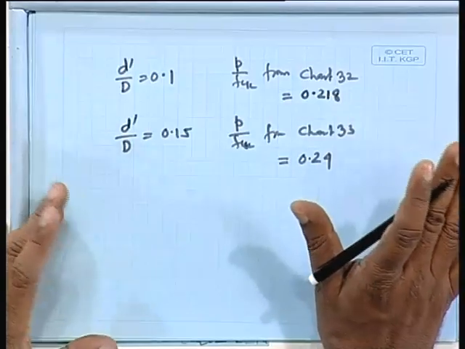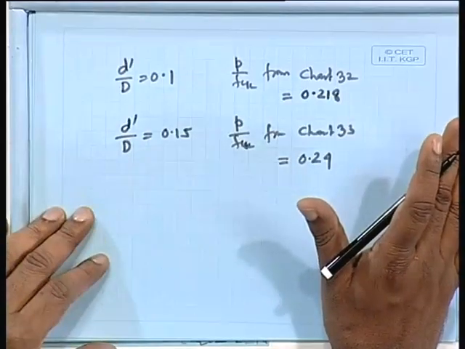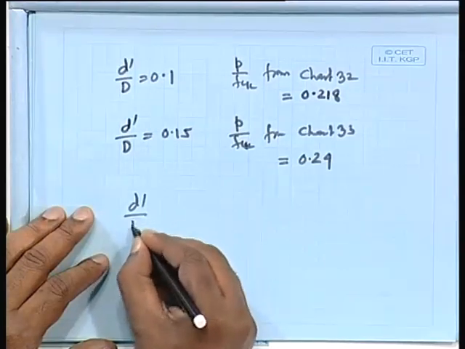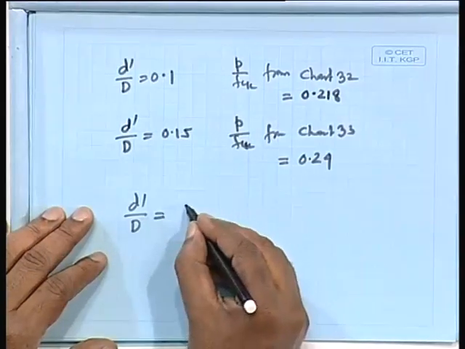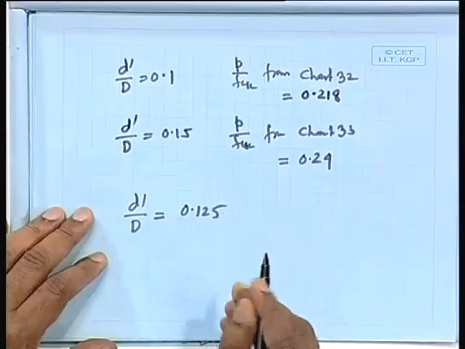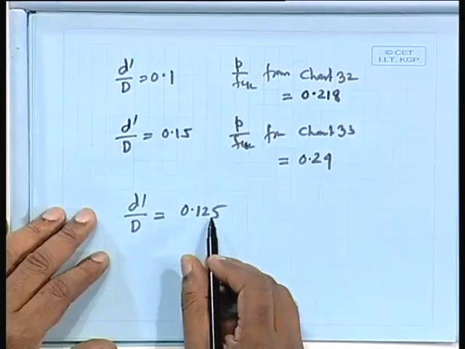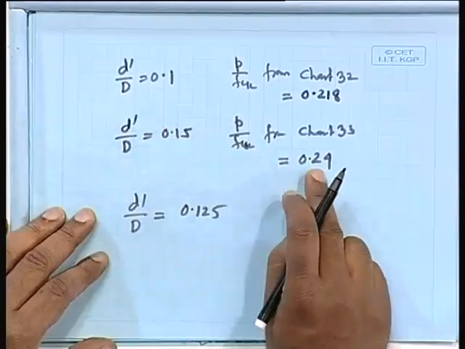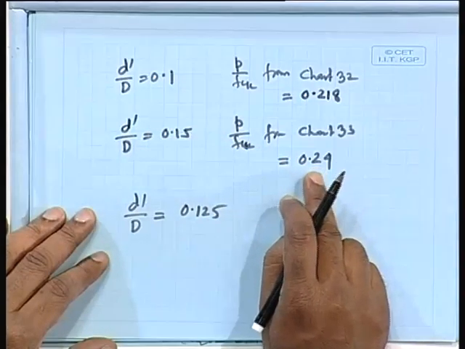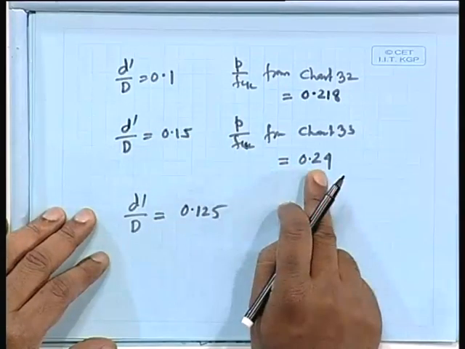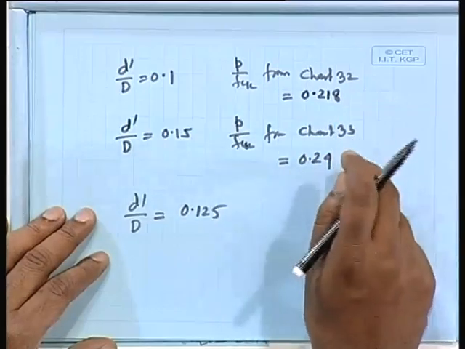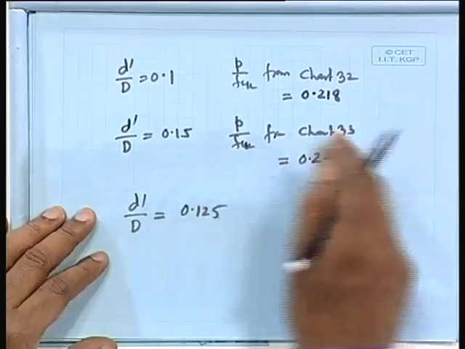If we do not interpolate, because our D dash by D computed is 0.125, then obviously we have to go to the chart for D dash by D equal to 0.15, because the percent of steel there is more. So let us not interpolate.